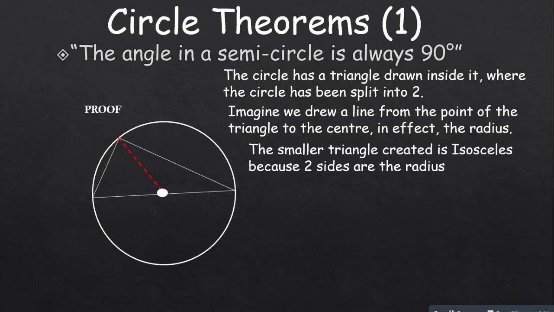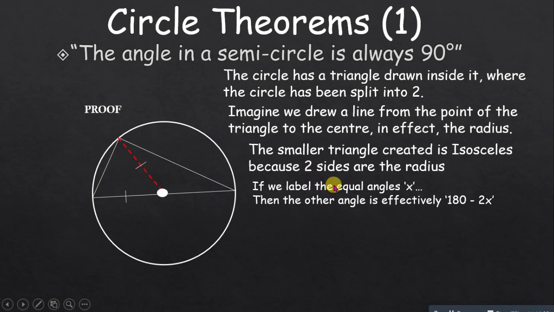Now, if that is the case, this line here and this line are equal because they are all radii. And if we label the angle here as x and we label this one too as x, then this one will be what? 180 degree minus 2x, because angles in a triangle sum up to 180 degree.